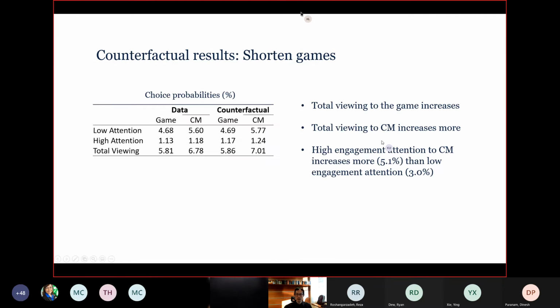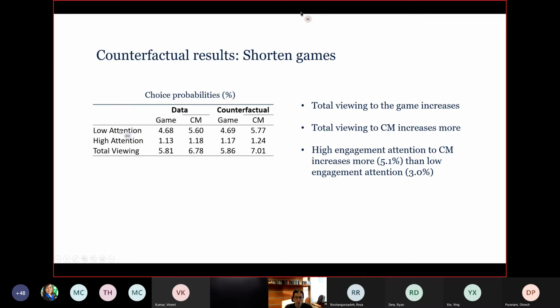All right, these are our counterfactual results in terms of shortening the game from 9 innings to 7 innings. We find the choice probabilities for the game go from 5.8% to 5.86%, so the total viewing time to the game increases a bit, but not much. But we find a larger increase for the total viewing time to commercials, from 678 to 701.